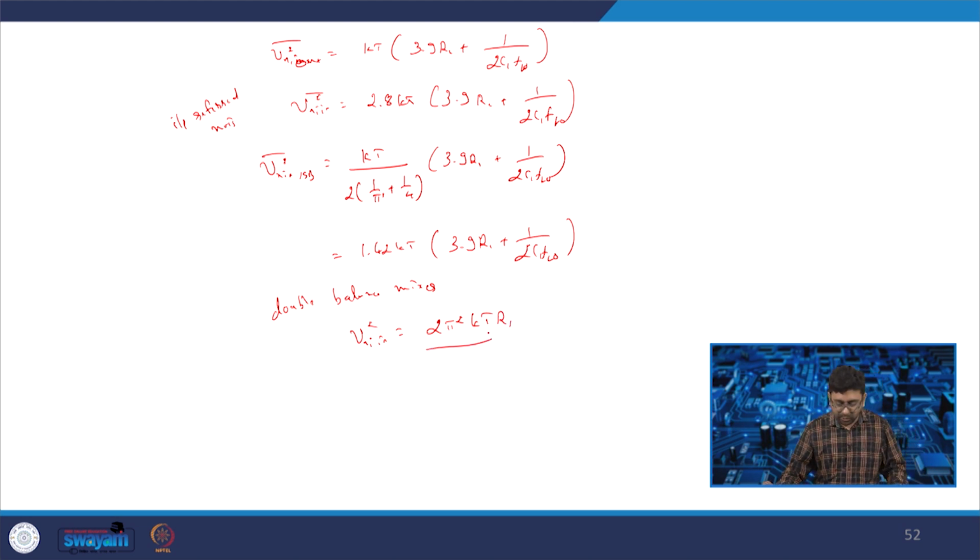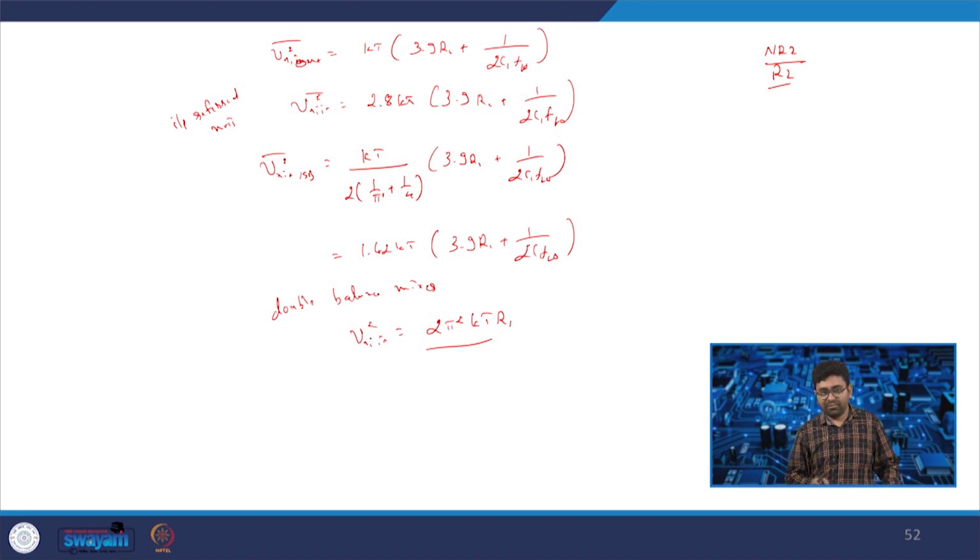So this is how we can find out the noise. And if you see what we have derived for the capacitor, for the non return to 0 and return to 0, it is almost equal. In the previous case also it was 2 pi square kT R, and in this case also 2 pi square kT.